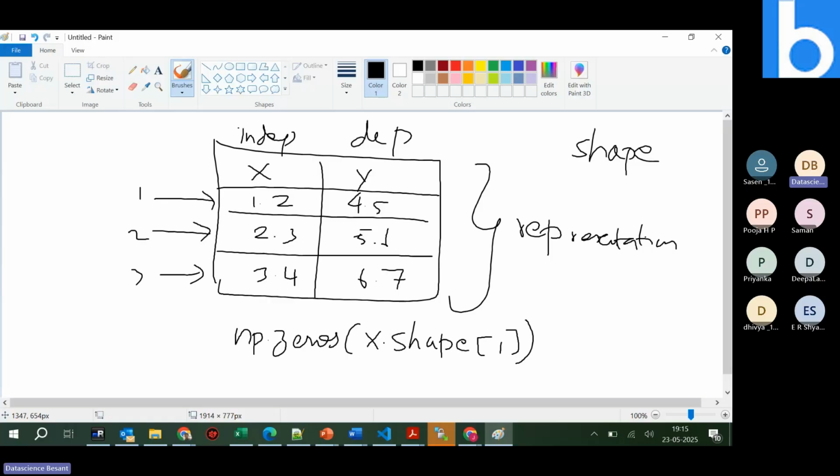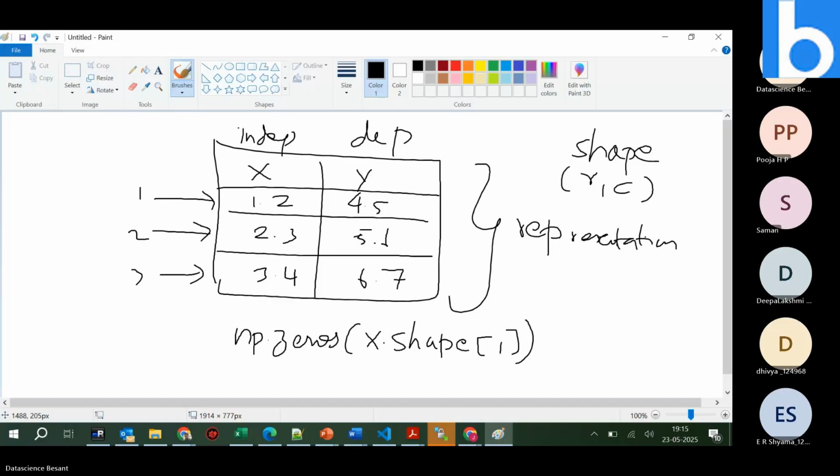We have seen this in pandas. It gives me the rows and columns present in my data set, the number of rows and number of columns.